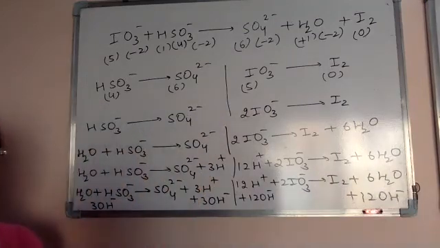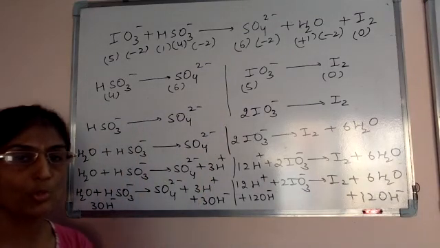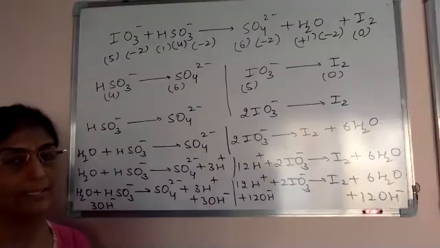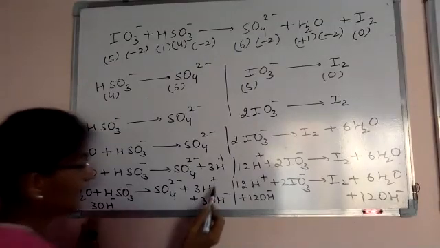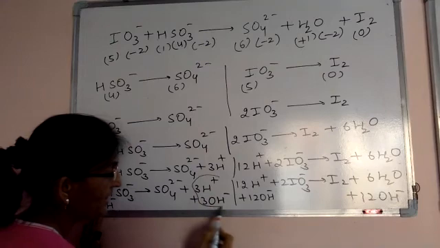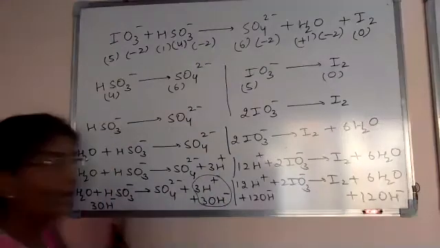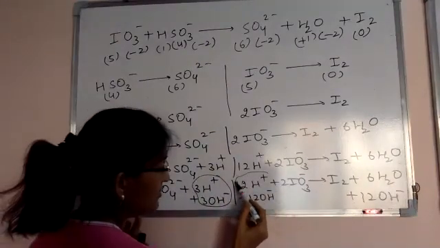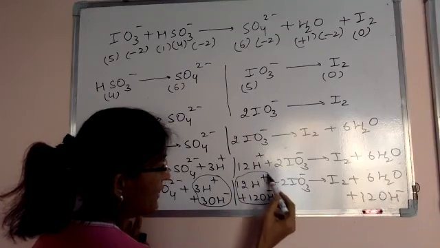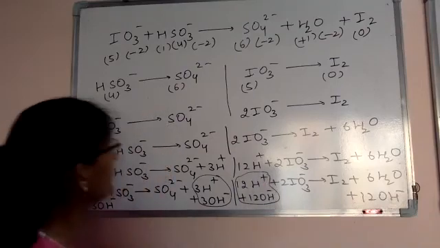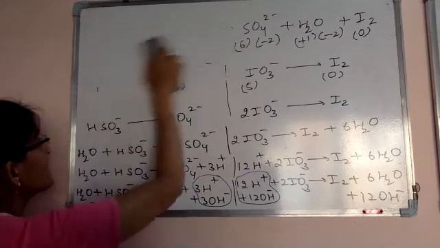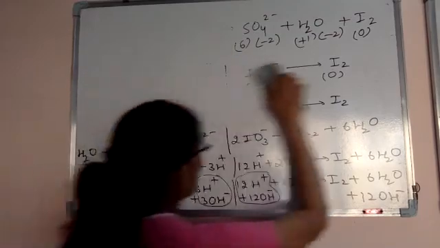OH minus H plus के बराबर दोनों साइड आपको ऐड करना है। अब क्या बताया था? 3H plus 3OH minus can be written as 3H2O. 12H plus 12OH minus can be written as 12H2O. लिखो, H plus OH minus is water molecule. Write down.